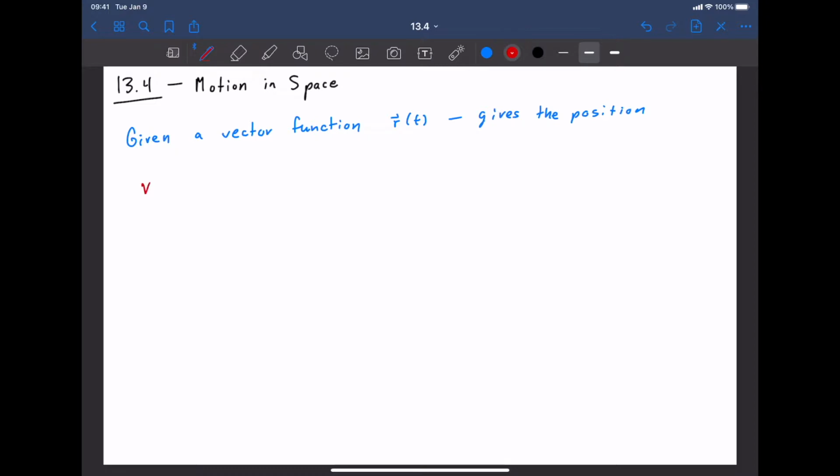Then the velocity of that particle, the velocity of that spacecraft, is going to be a vector, v of t, and that will be the derivative, just like you would expect. The speed is the magnitude of velocity.